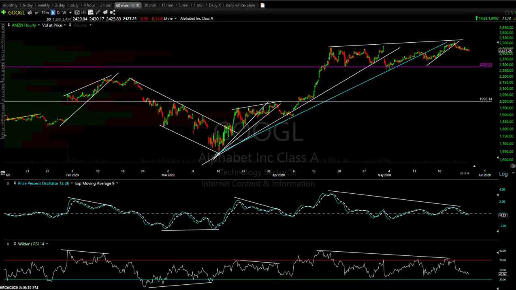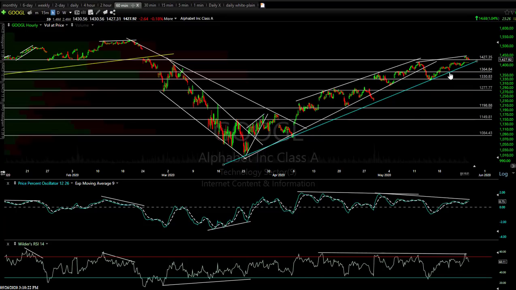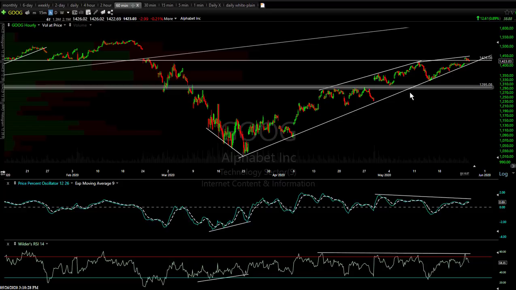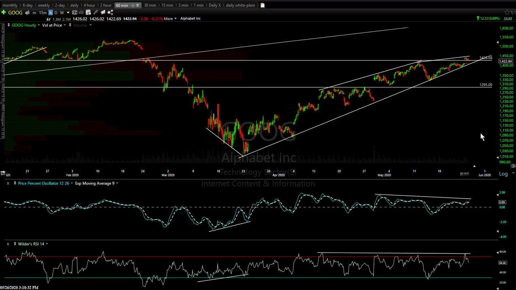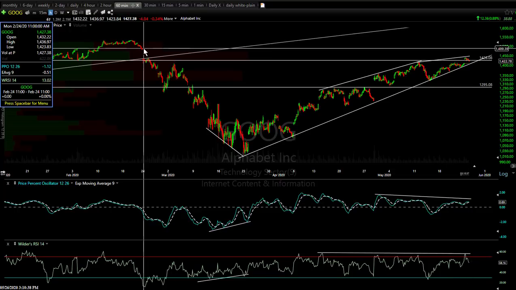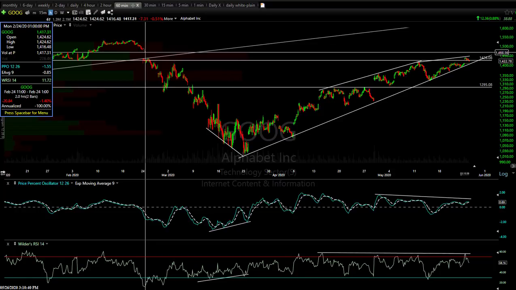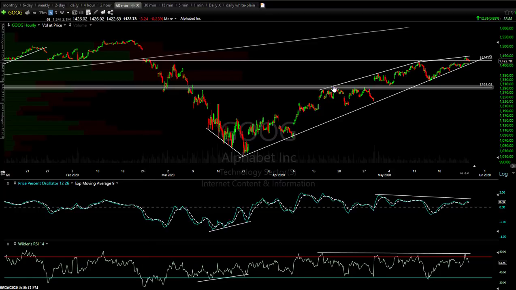Next one up, Alphabet, blue trend line right here off the lows, divergence. That's class A. Here's class C, same trend line right there, nice and clean. So we're walking up these trend lines and other levels, and if they go, you can see some support levels below, and if they continue higher, you have a gap to be backfilled above. It tried to enter that gap, maybe came right in the bottom.